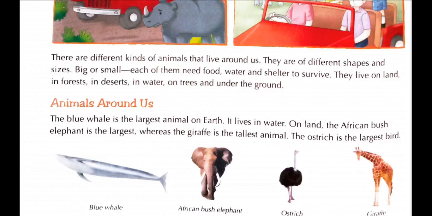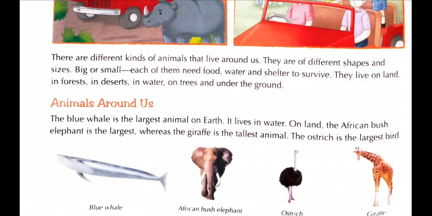So according to the lines, students, we see different kinds of animals who live around us. They all are different from each other, right? They all have different colors, different shapes and different physical features. They also need food, water and shelter to survive because they are living things.